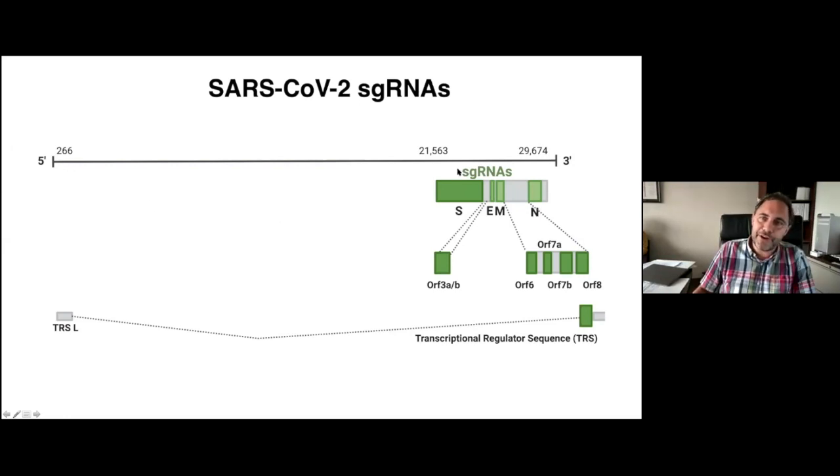And so these are all these subgenomic RNAs that produce the famous spike, which is of course on the outside, the envelope, the matrix, the nucleoprotein, and then all these other accessory proteins which just have the term open reading frame with a number. We'll discuss them in a bit, but a lot of them are immunomodulatory genes that the virus uses to control how the host responds.